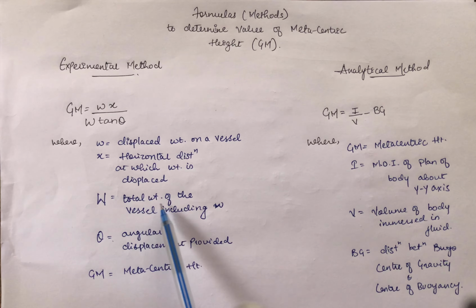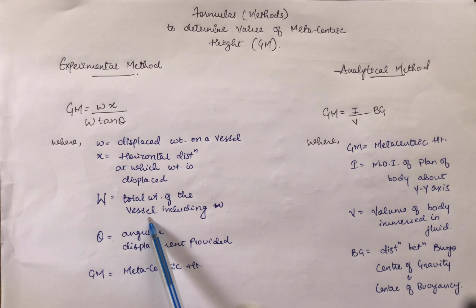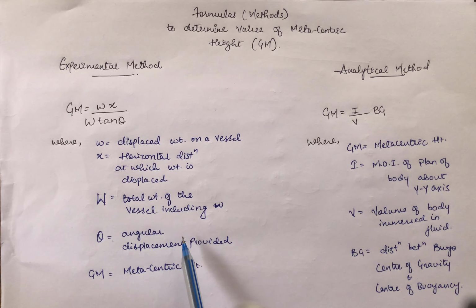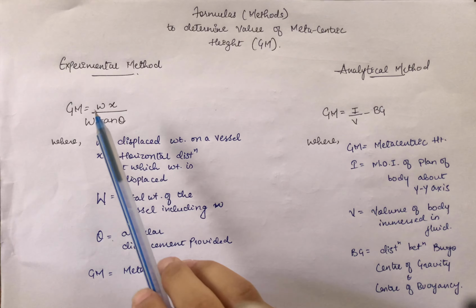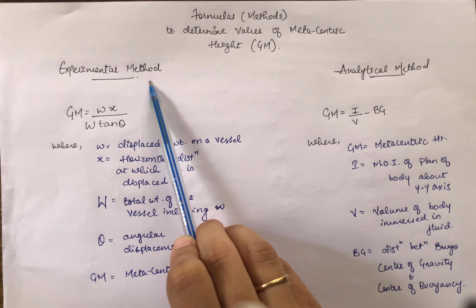Capital W is the total weight of the vessel, including the weight w which is kept on the vessel, and that vessel is floating in fluid. And theta is the angular displacement provided to the floating body. Using all these values, we can calculate the value of metacentric height GM using the experimental method.